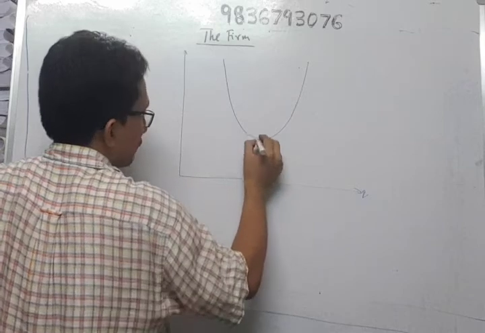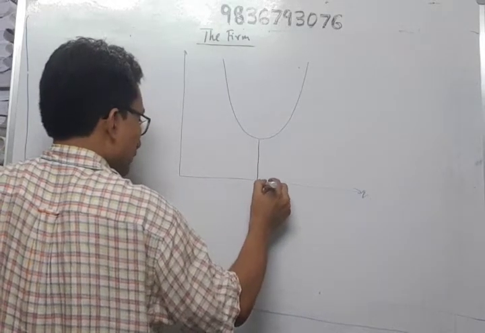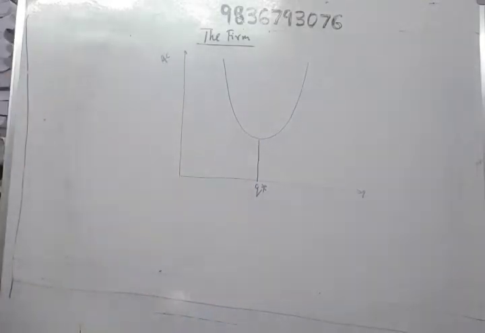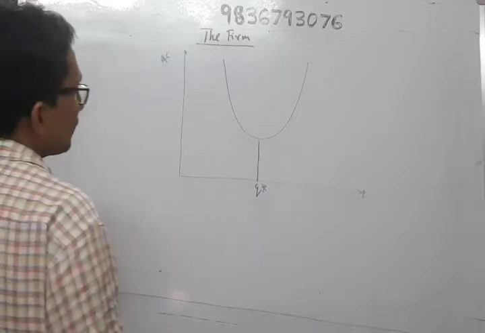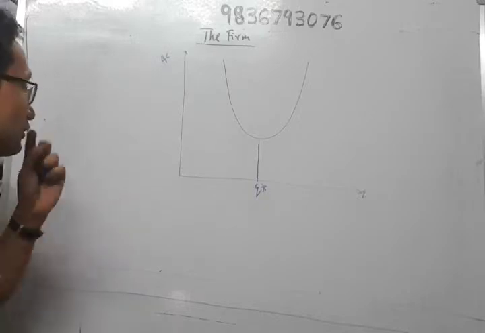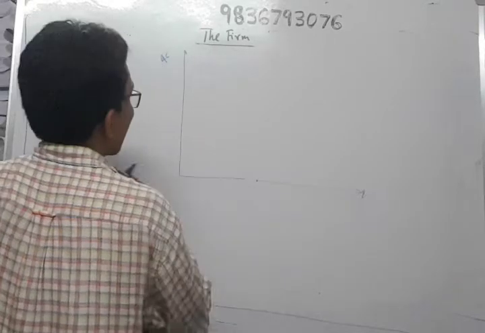That means it reaches the lowest point corresponding to a given level of output Q star before it starts rising again. Now, there are certain industries or plants or production processes whereby rather than having a U-shaped short-run average cost curve, we have something where it is L-shaped.